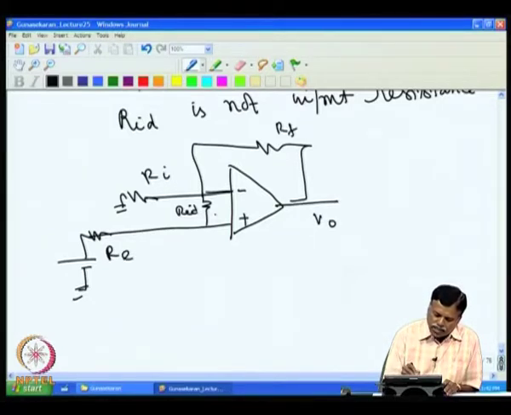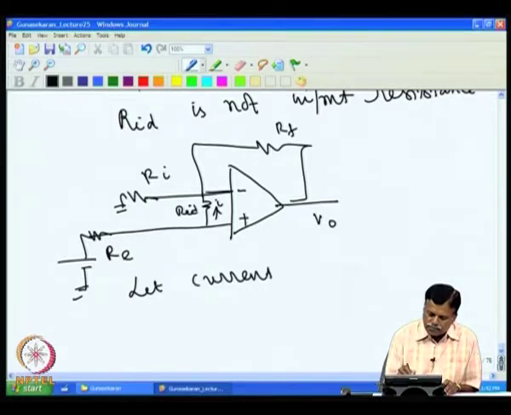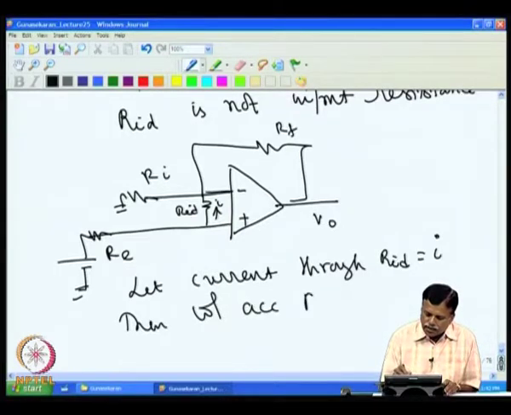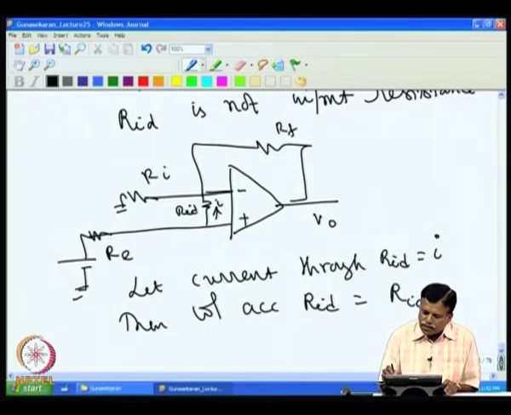So, assuming current I is flowing here, let the current through RID be I. Then the voltage across RID comes to RID into I.